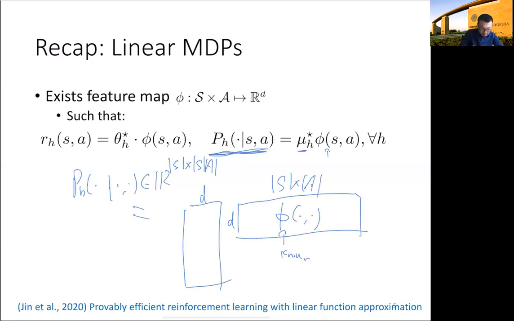S by A, and this is S dimension, and this is mu star. To say it differently, linear MDP is really not a non-parametric model, because we're not making assumptions about all parameters, and we can never really observe enough samples to estimate this mu star sufficiently well.